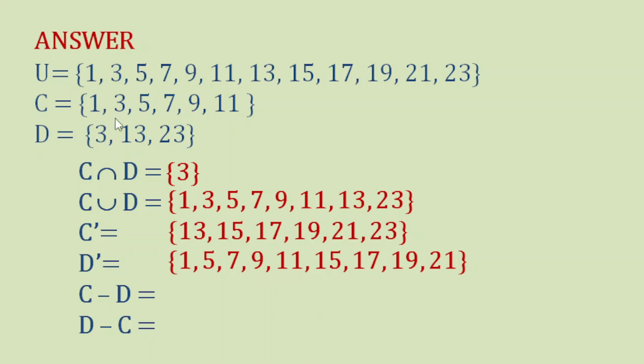So we will remove 3 from C. So what we have left will be 1, 5, 7, 9, 11. And then D minus C. Again, the common element is 3. So remove this 3 from D. So 13 and 23. Did you get all the items right?